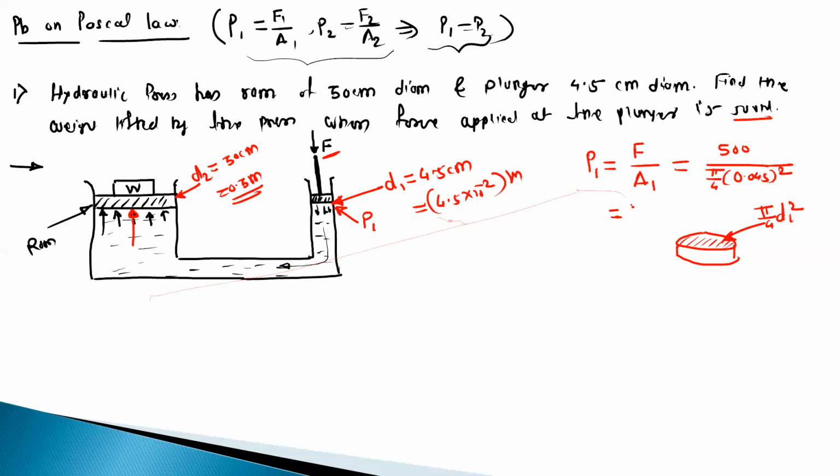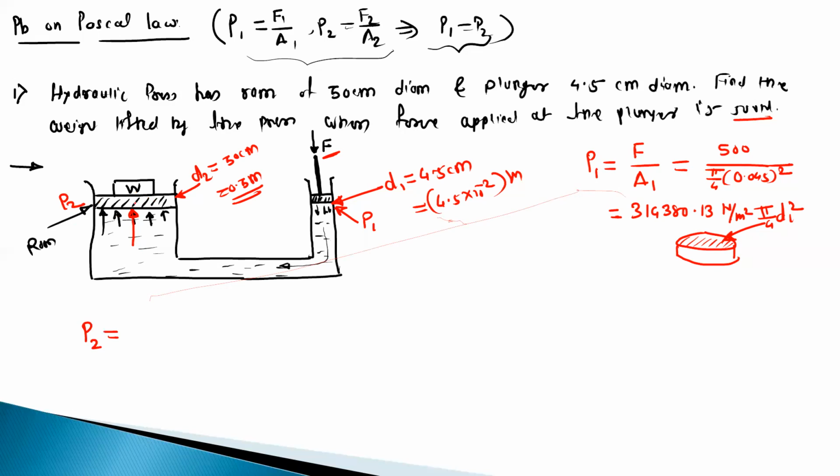So this is equal to 314,380.13 Newton per meter square. Now at this point, that is at the ram, consider the pressure P2. So P2 is equal to, now what is the force here?